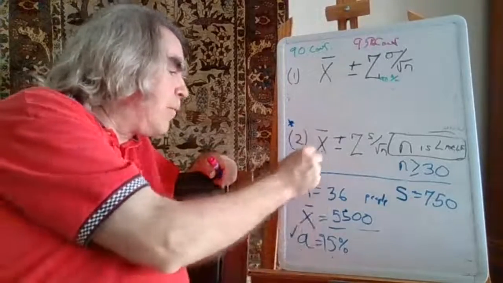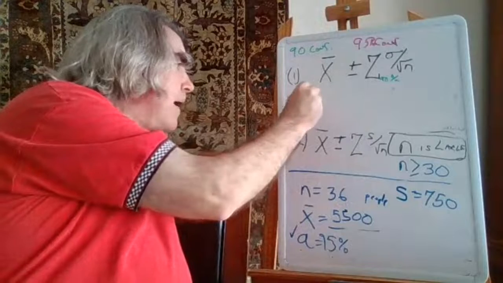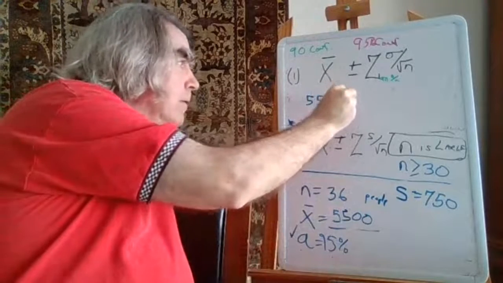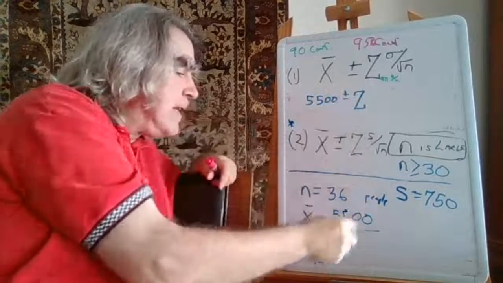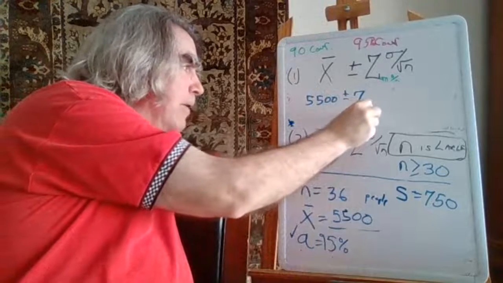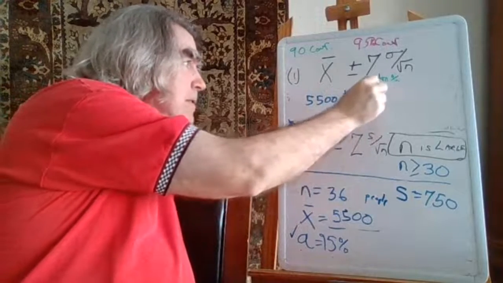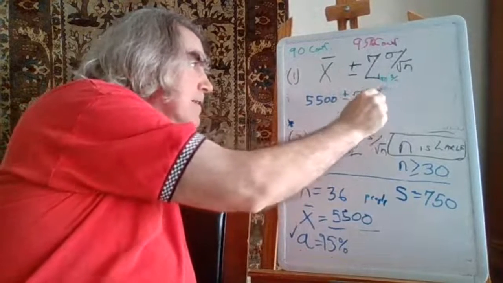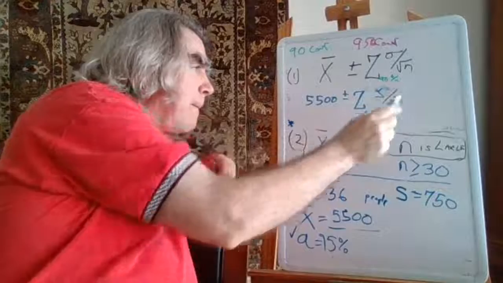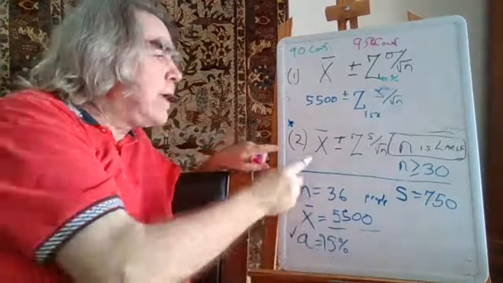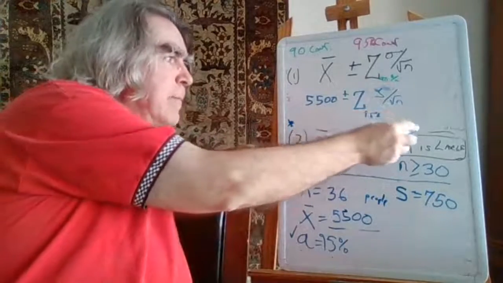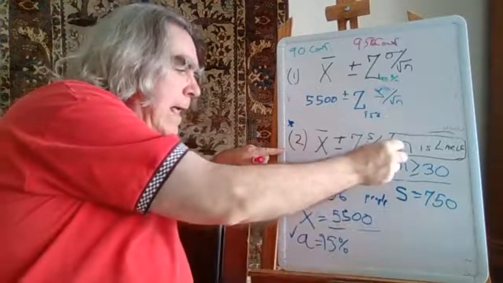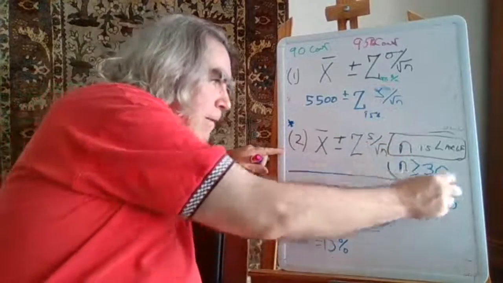What does this work out to be? What's X bar? 5500 plus or minus the Z that corresponds to 95% confidence interval times S over the square root of N. We can use this because sigma is not known, and we're going to use S, but N is large. Why is N large?